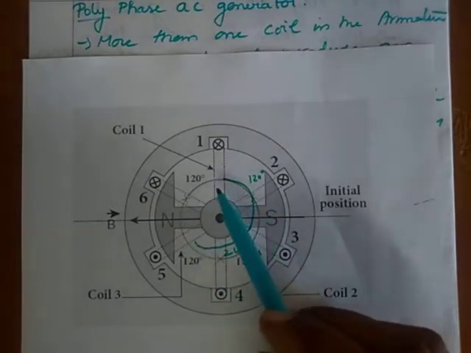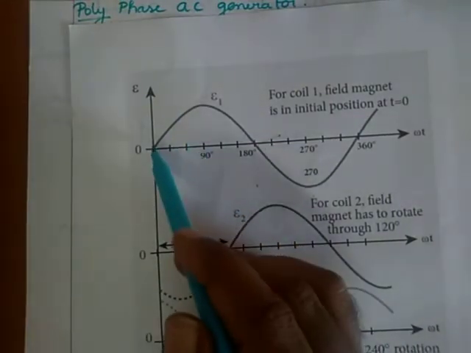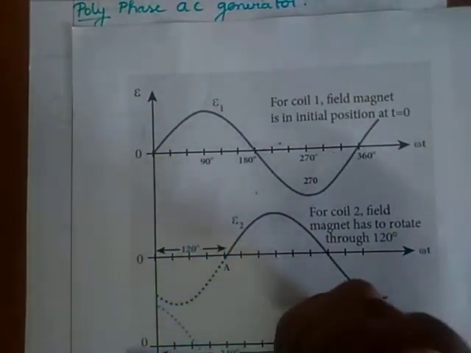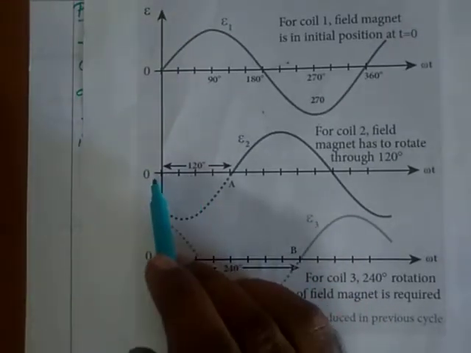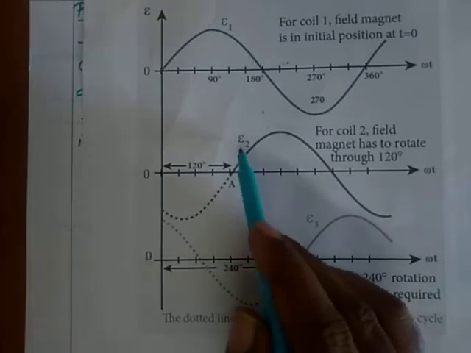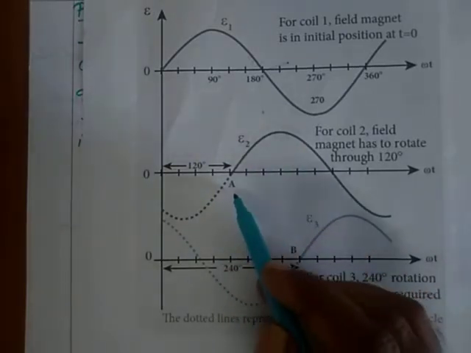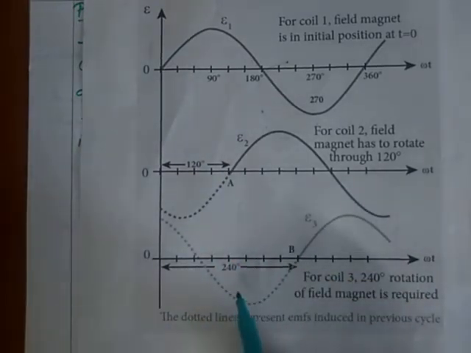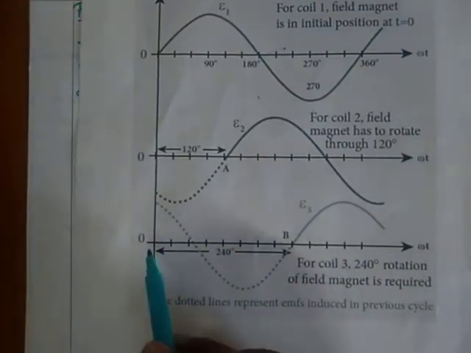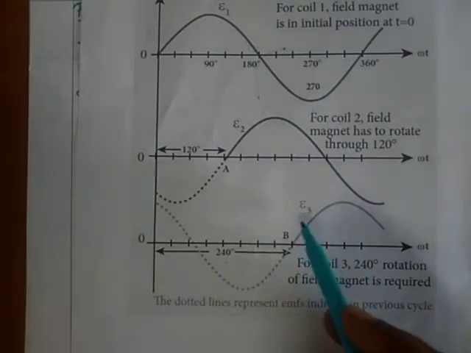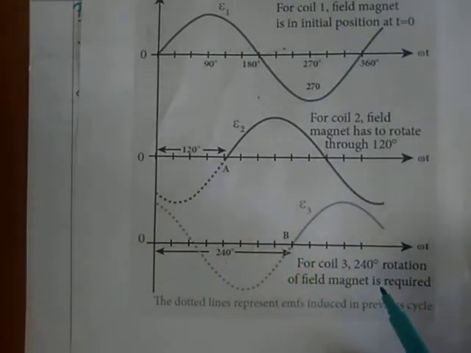At that instant, it produces EMF in coil 1, at the point O. Then after a 120 degree phase shift from the initial position, it produces EMF psi 2 in coil 2, at the position A. After another 120 degrees, that means 240 degrees from the initial position, at the point B, the EMF psi 3 is generated in coil 3.